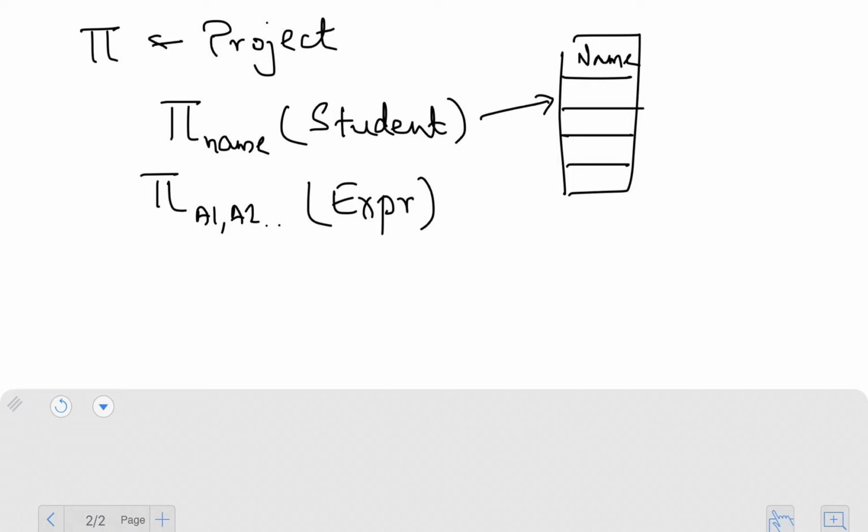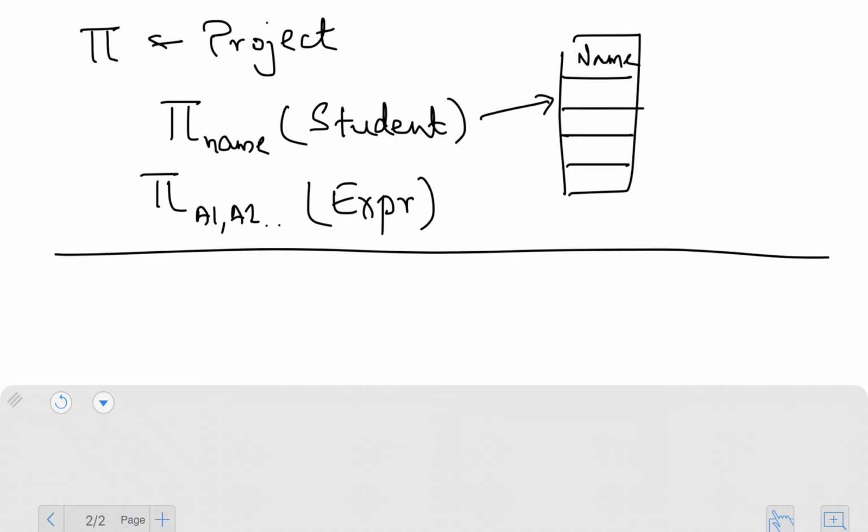So next, let's look at how we can write queries with combinations of this project and select operators. So what I can do is, let's say I want the names of all male students. So we are going to exactly combine what we did with the select operator and then what we did with the project operator.